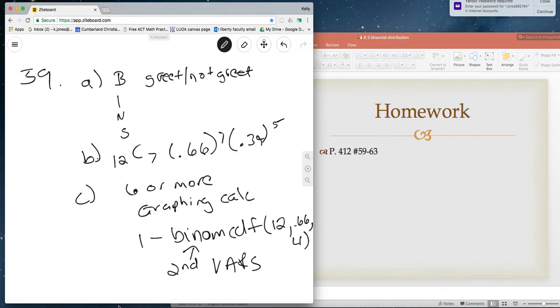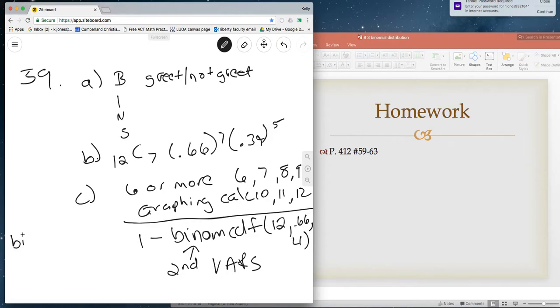So, for those of you who don't have a graphing calculator, you basically have to do this for 6, 7, 8, 9, 10, 11, and 12, and then add all those probabilities up, and it won't be a small number like the really tiny decimal like I did. But if you have a graphing calculator, your life got super easy because you just type that in, and it will give you exactly the probability.